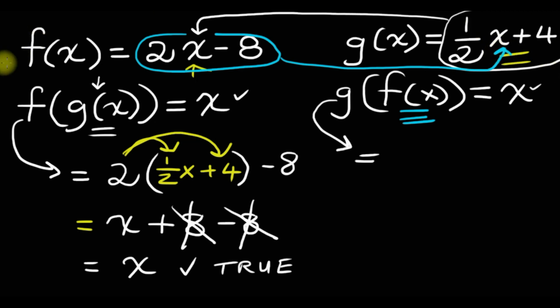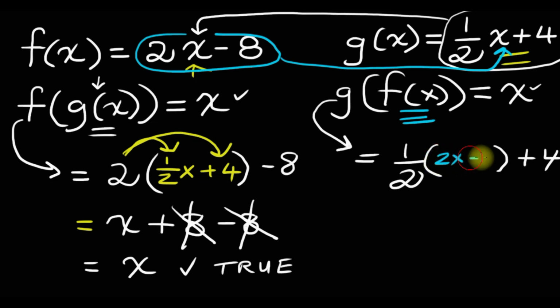So it's going to look like this. So you're going to have 1/2, right? See it right here, 1/2 x. 1/2 times x. We're going to substitute, we're going to plug something in for x. Okay, what is that something? What do we put in for x? Well, we put in what f of x is, which is the 2x minus 8. So 2x minus 8 goes in here.